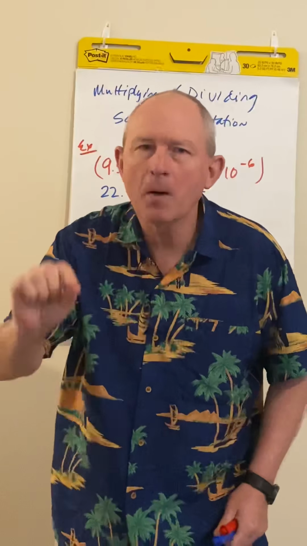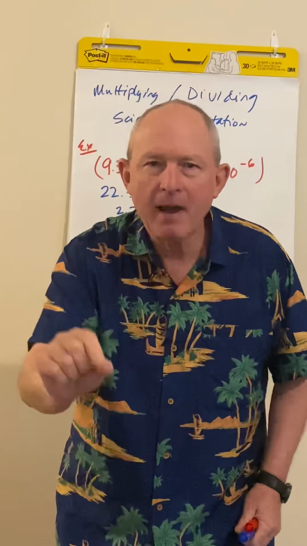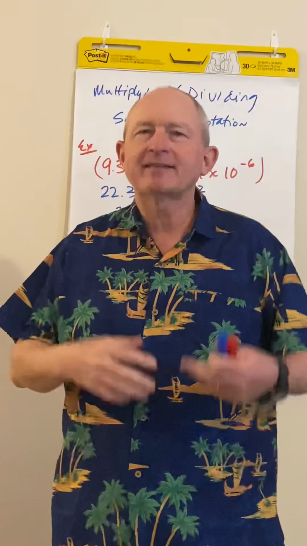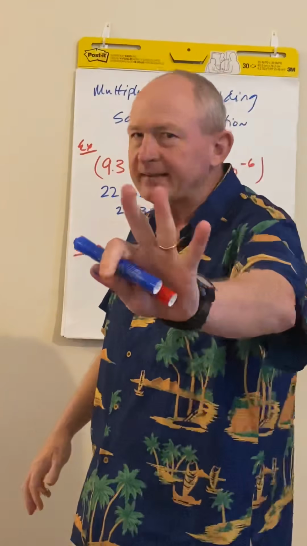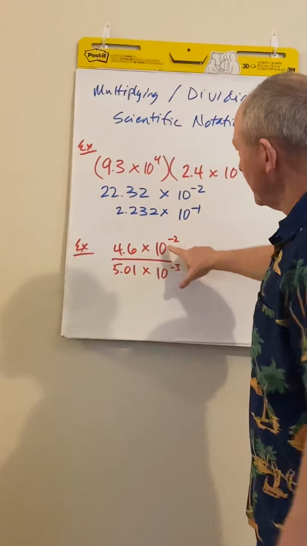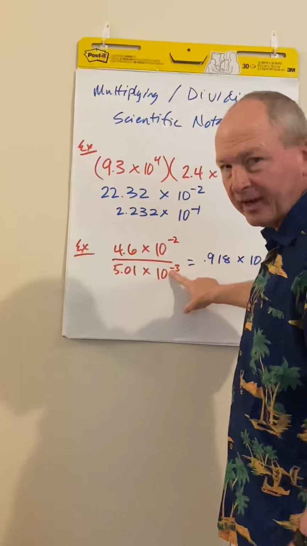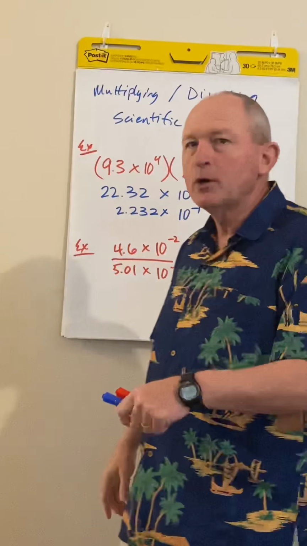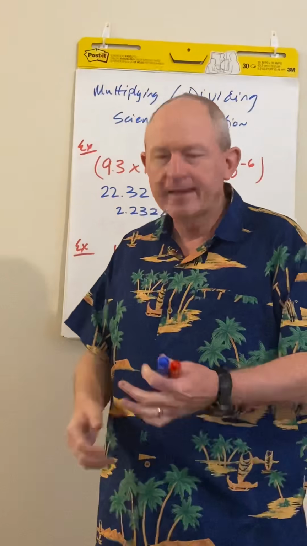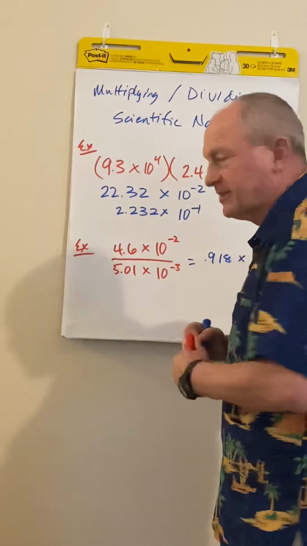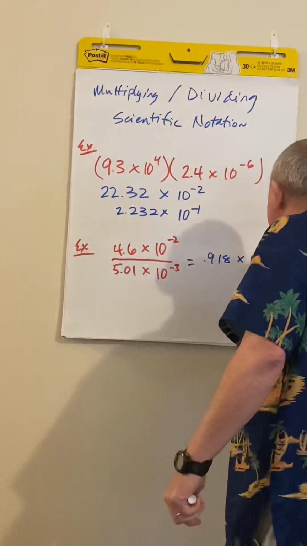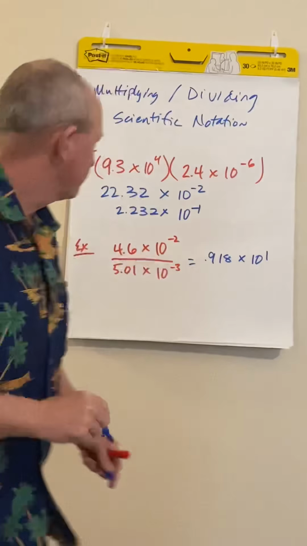Because when I say 0 minus negative, that minus negative cancels out and it's actually plus. So in the same exact idea here, we got negative 2 minus negative 3. That's negative 2 plus 3. And negative 2 plus 3 is just 1.